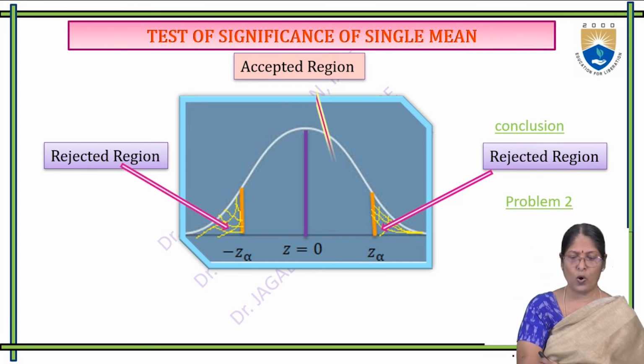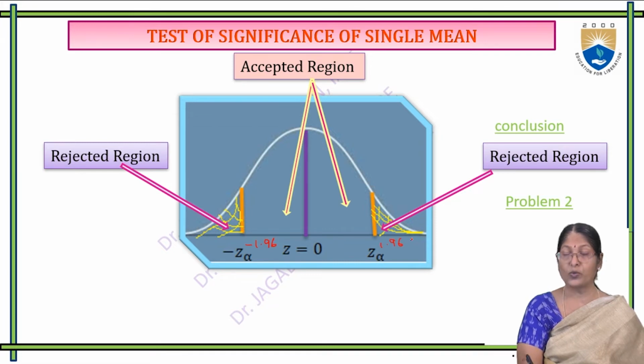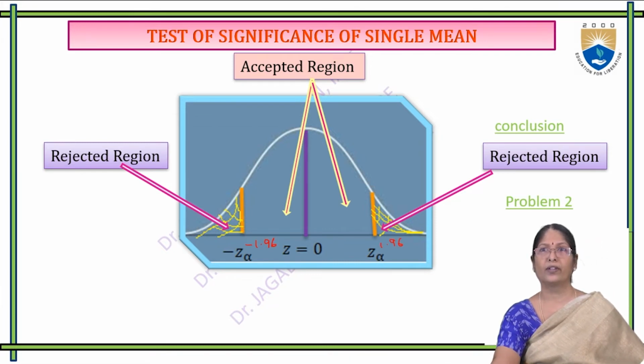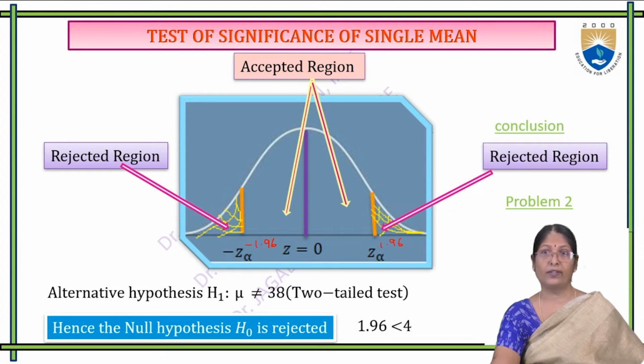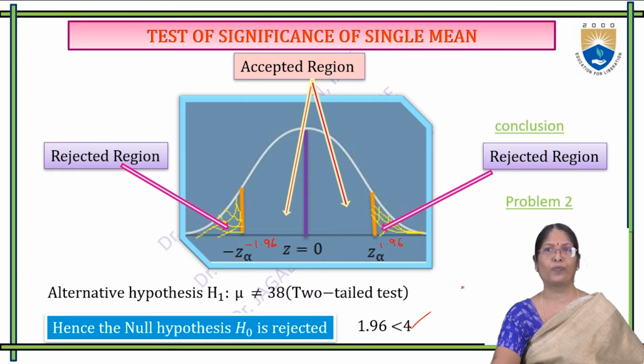Now, how are the points? The tabulated points are minus 1.96 here and plus 1.96 here. The calculated value we obtained is 4. This is just one point. We can notice that the critical value of Z, at maximum, is 2.58.